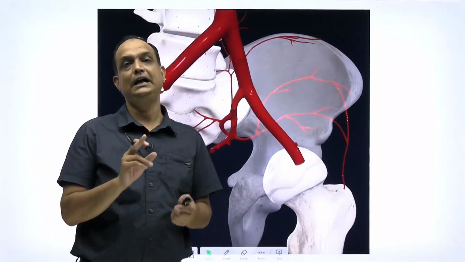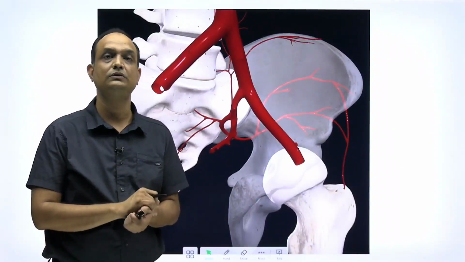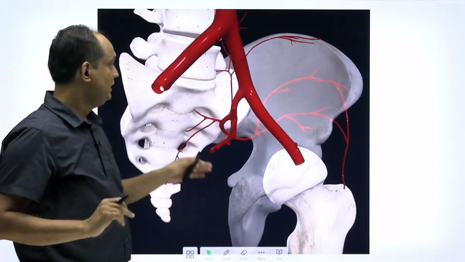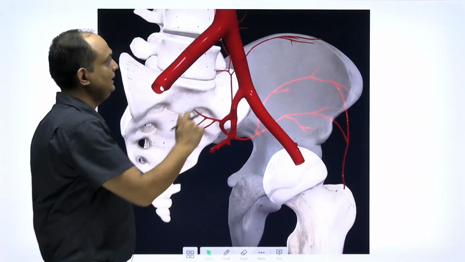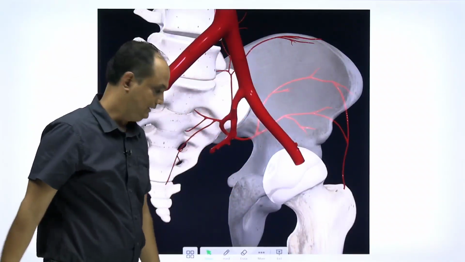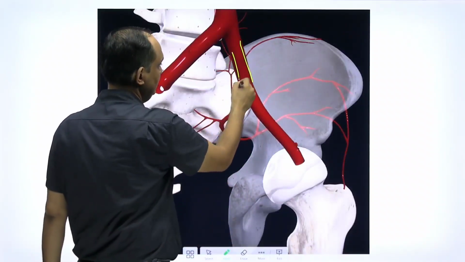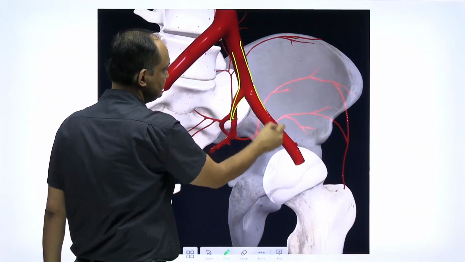Now, what about the artery? We have seen that the ventral sacral foramina are also responsible for the entry of branches of the lateral sacral artery. In this image, you can see the common iliac artery, and this common iliac artery divides into the internal iliac and external iliac.